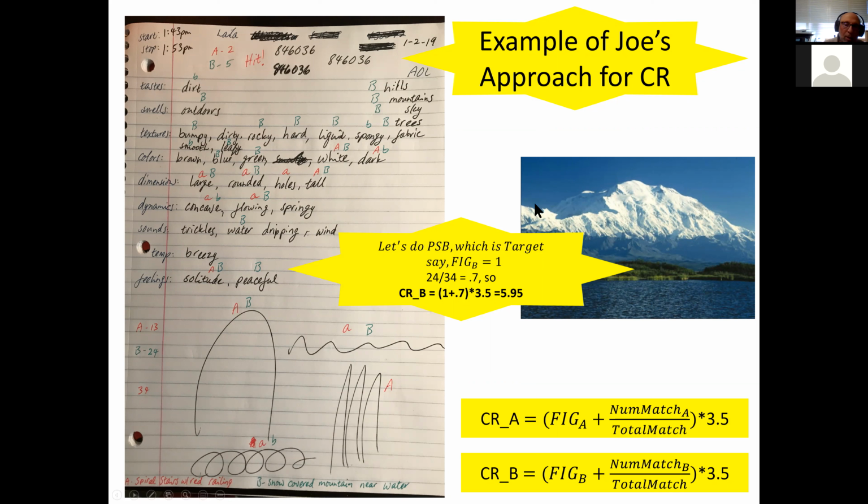where you mark, and you'll have two pictures, but you do them one at a time. So the photo side A, you mark all the things that match A, and notice little a's, when you do your counting, will count as half a point. Big A's will count as 1 point.